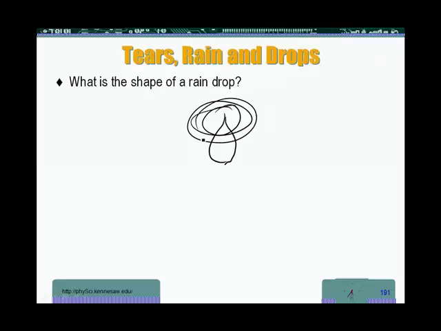Now, what's interesting, if you look at the universe, what's the shape of the Earth? Spherical. What's the shape of our planets we see? Spherical. What's the shape of the sun? Spherical.